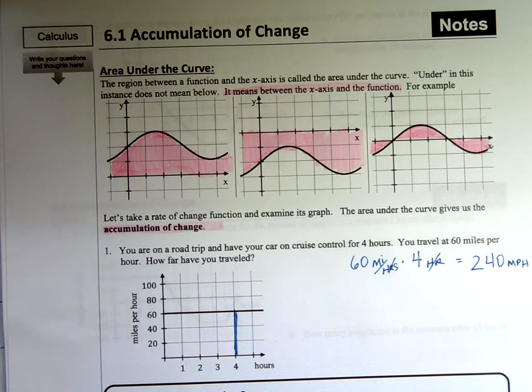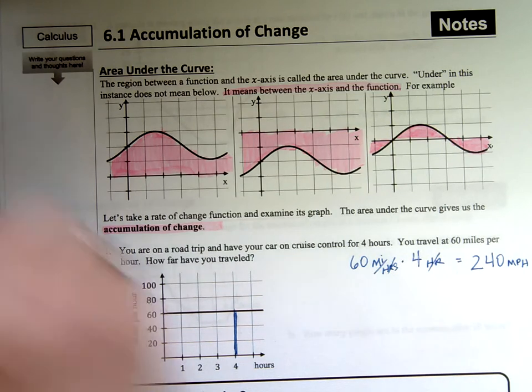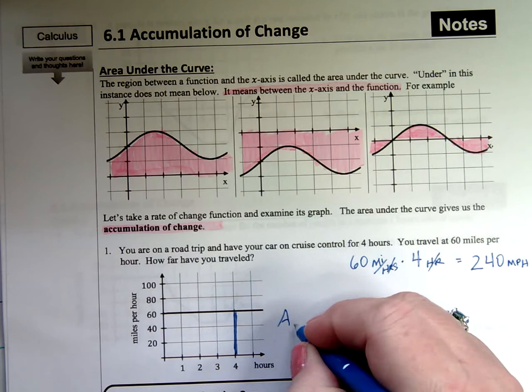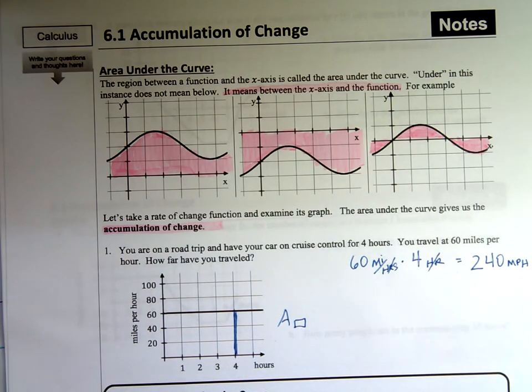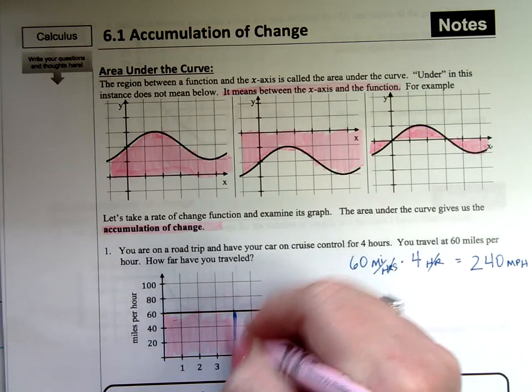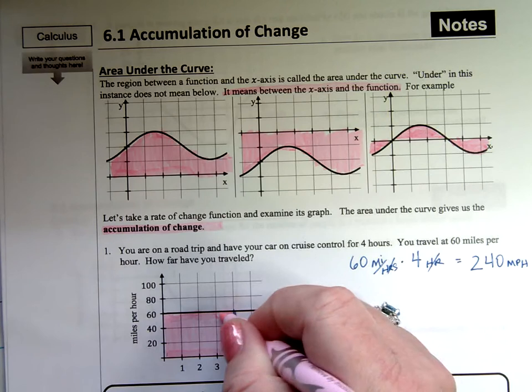Well, let's look at it graphically. Same idea. I have 60 miles per hour for 4 hours. And if I look at this, it's actually looking at the area of a rectangle. See how this is like a rectangular shape? I'm looking at how big is this area in here. How large is that area?